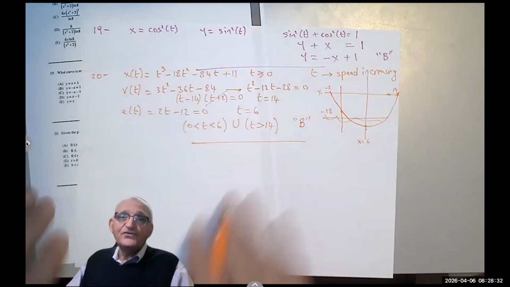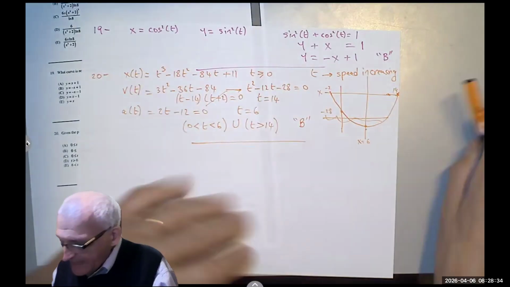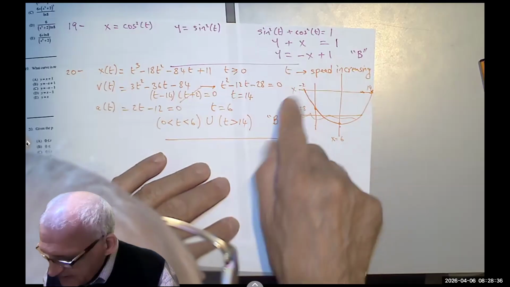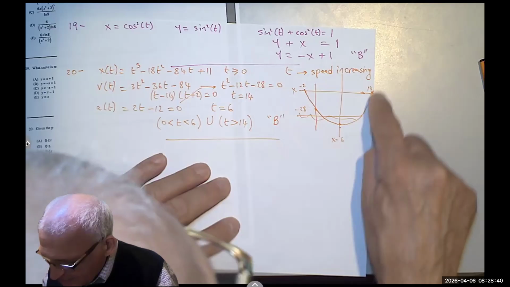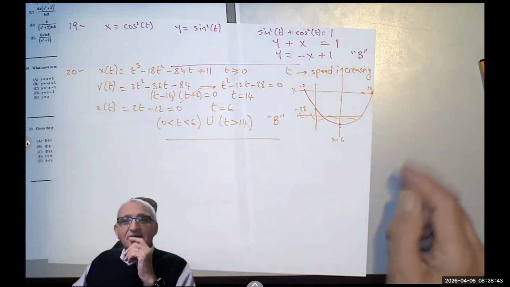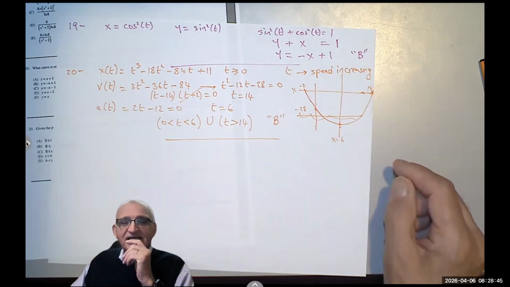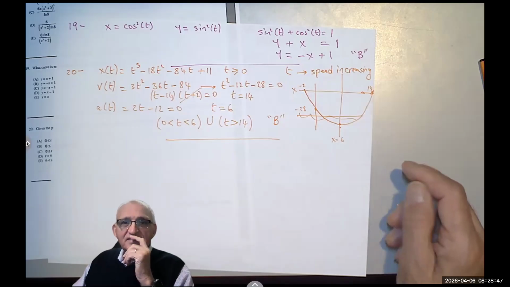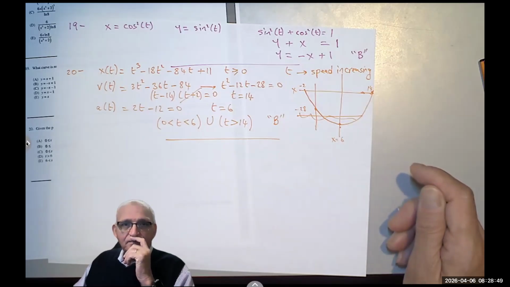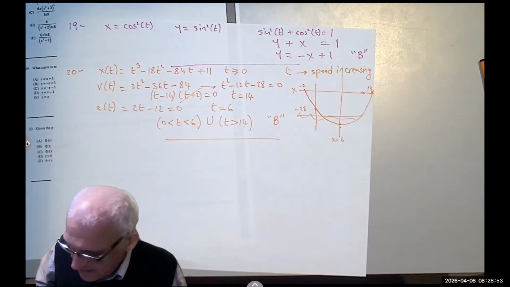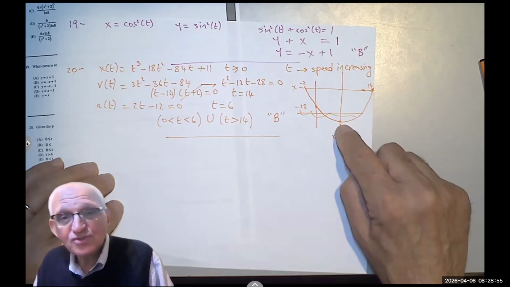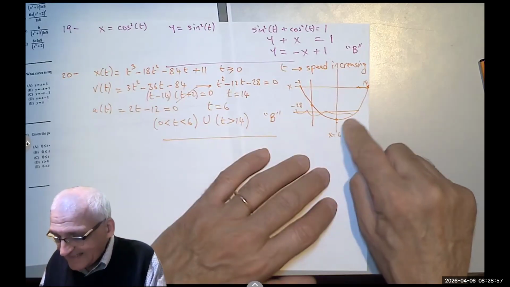And it's a little confusing here, because many students would say, oh, the speed is getting down and then it increases. Well, that is not what the problem is asking. Okay? Because we know that the magnitude of the speed is getting down.